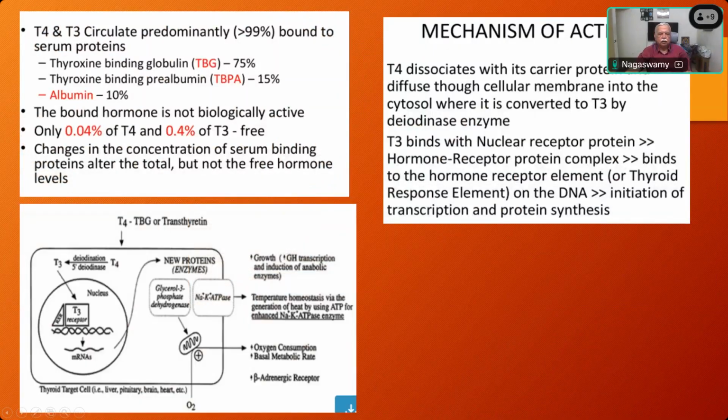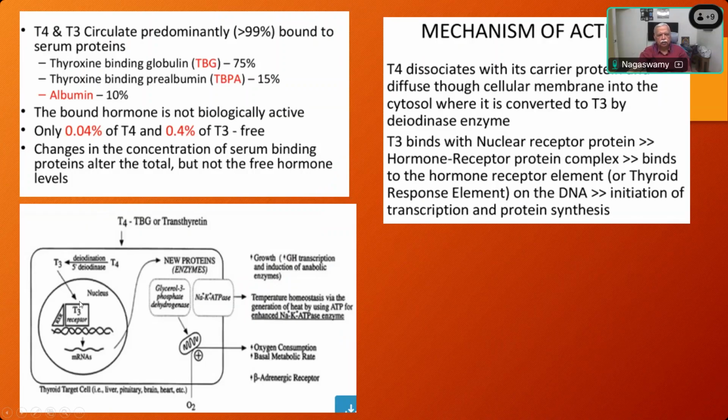Now these are all some of the actions of thyroid hormone which they can ask you. So T4 has to enter the cell of any level. For example, liver, pituitary, brain, or heart, all these cells will permit the T4 to come inside, and there it will be deiodinated to produce active T3, which is a hormone which will act on the nuclear receptors.